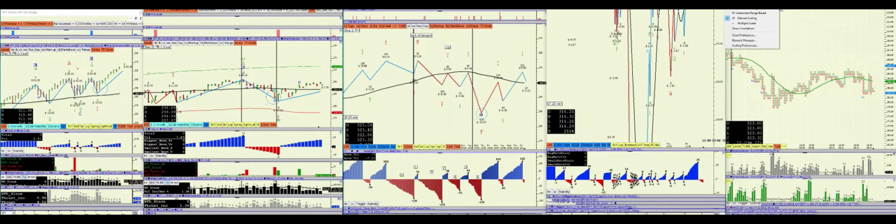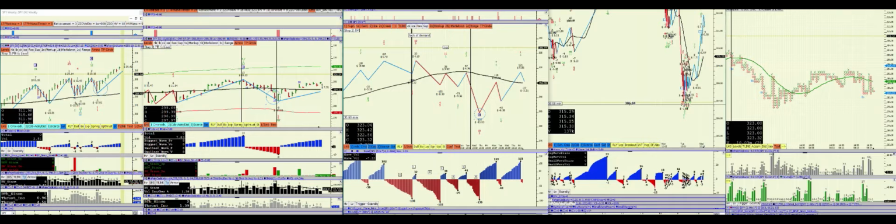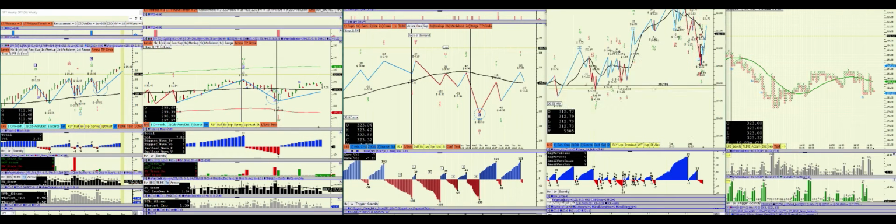It looks messy, but you get the hang of this. A lot of it is just being able to filter out the noise.